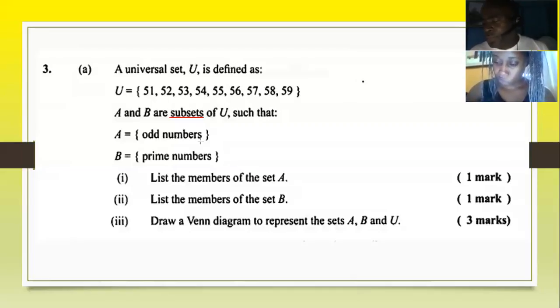Define the definition. A prime number is a natural number greater than 1 that has no positive divisor other than 1 and itself. Other than one and itself. You understand what that means?